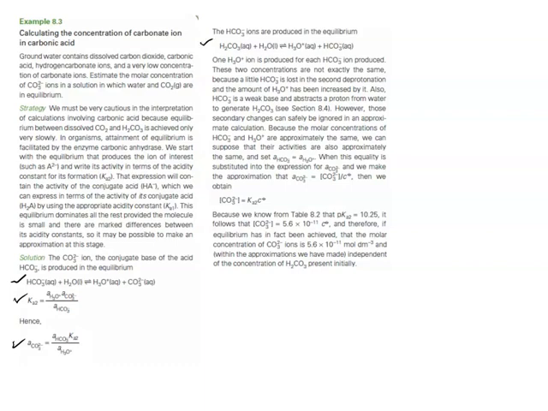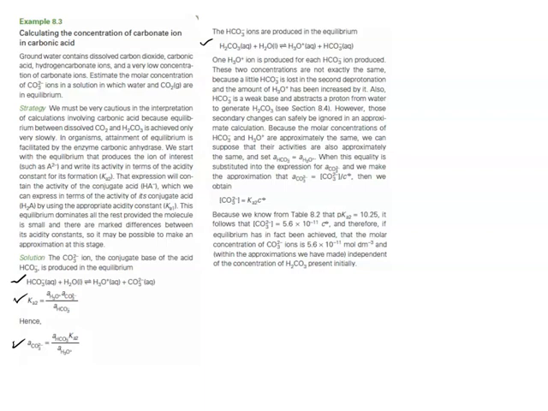The HCO3- ions are produced in the following equilibrium, where H2CO3 plus water is in equilibrium forming hydronium plus HCO3-. One hydronium ion is produced for each HCO3- ion produced.